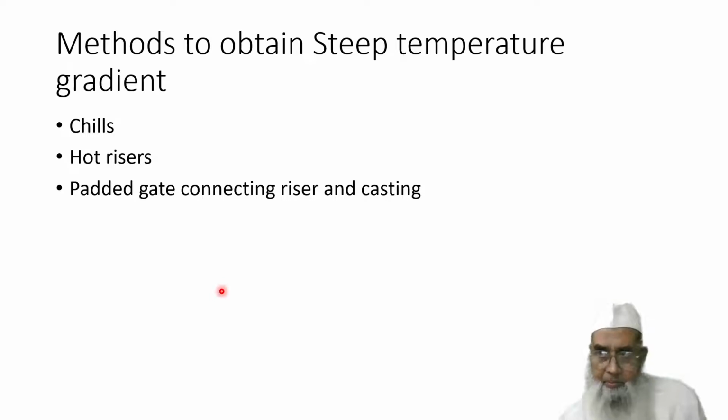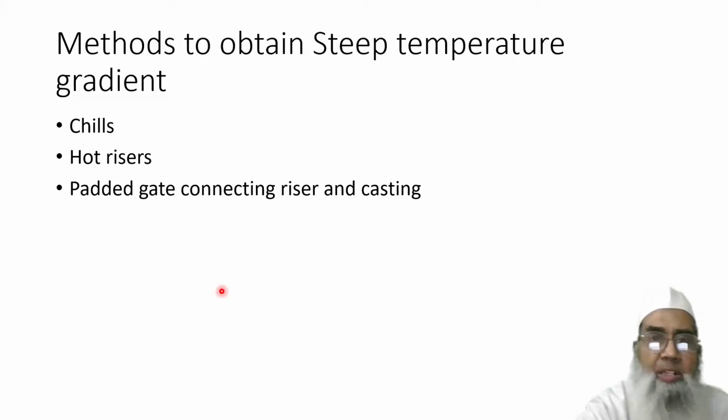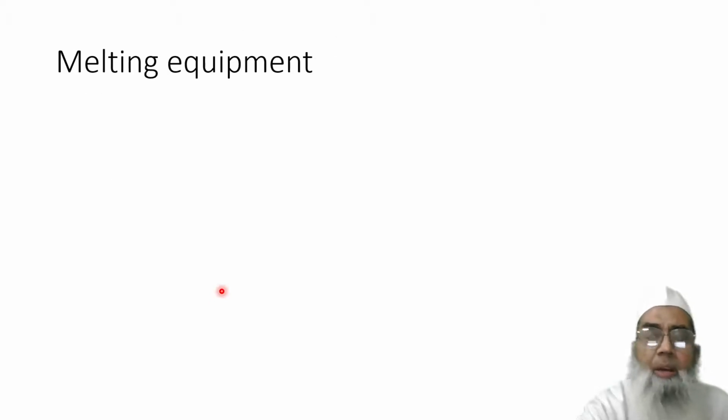Padding at the gate of the risers is done so that the liquid may remain at sufficient superheat. We can provide insulating padded gates, and therefore the casting can overcome this steep gradient.